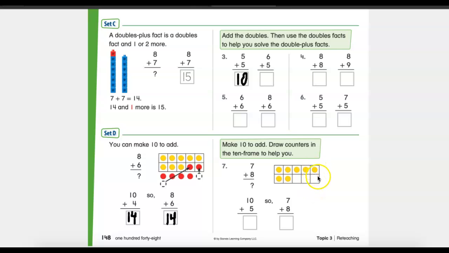Then you will count your 10 plus how many are left, and then write your answer in the box below. So just like we did in our example, we made 10, counted the extras, and wrote our total.